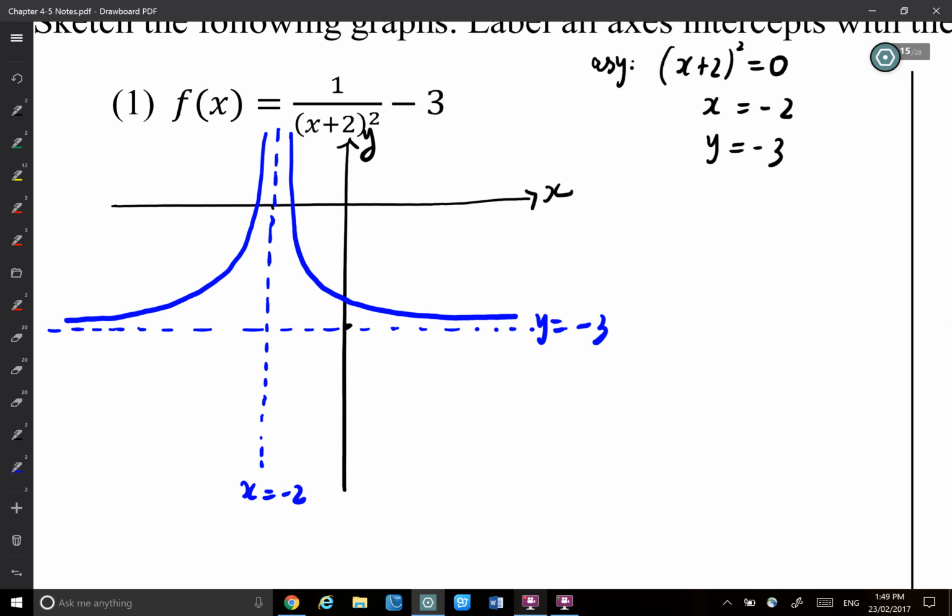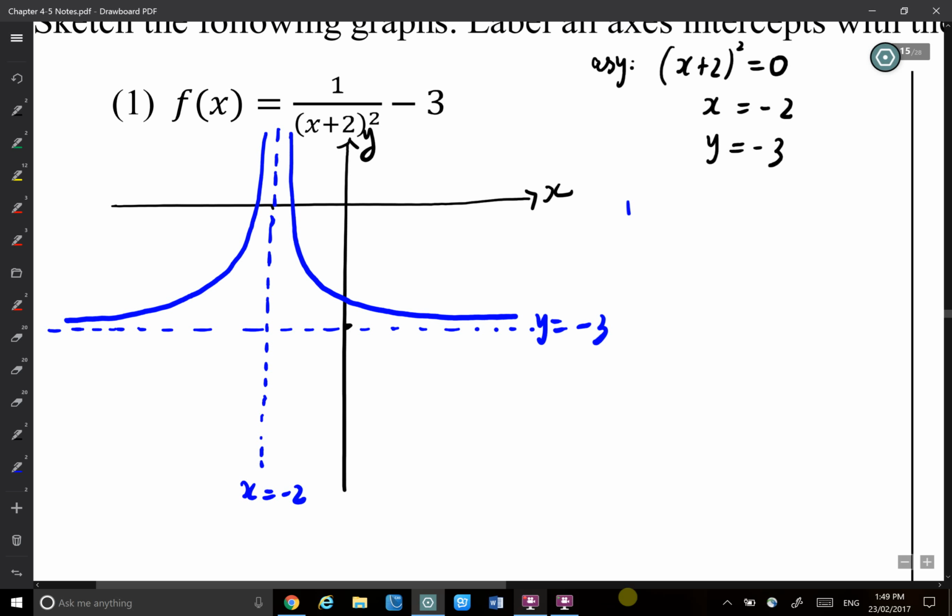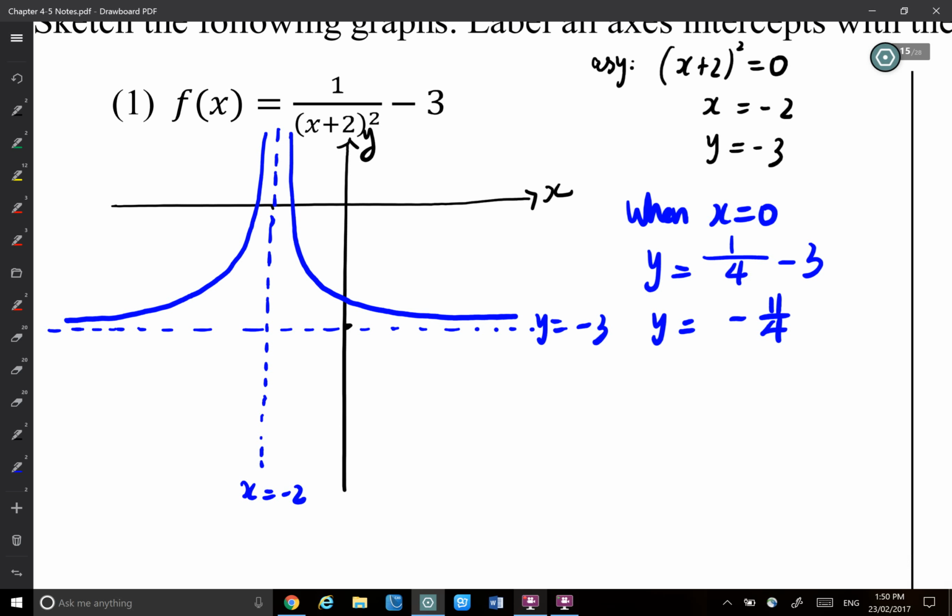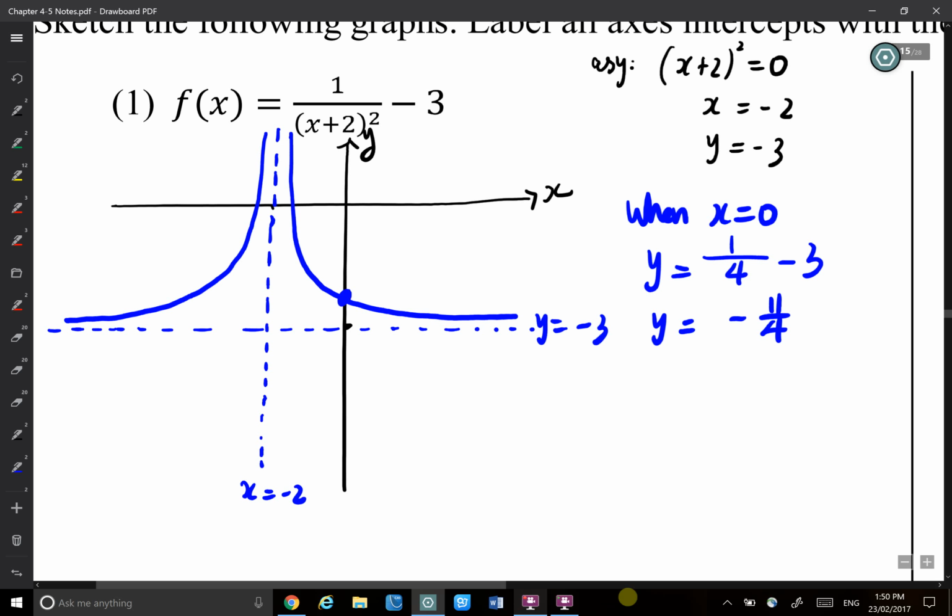So you can see there are intercepts, so you need to find them. When x equals 0, y will be 1 over 4 minus 3. So 0 plus 2 is 2, 2 squared is 4. So y equals 1 over 4 minus 3, which is negative 11 over 4. Okay, so that's the point here.